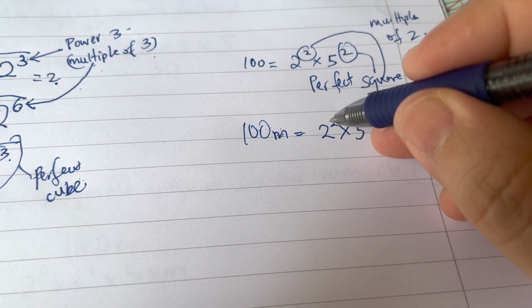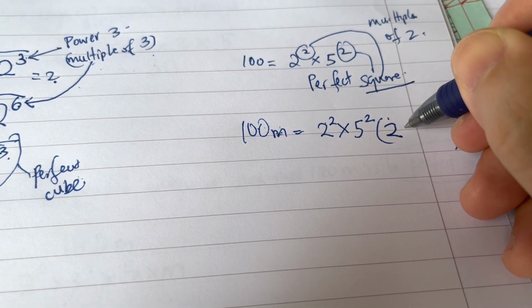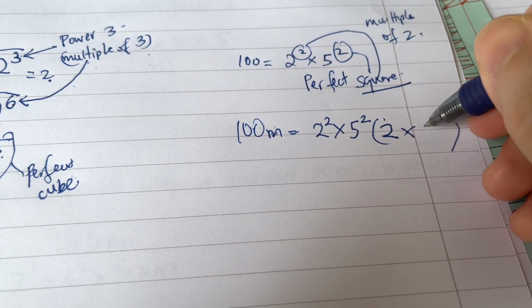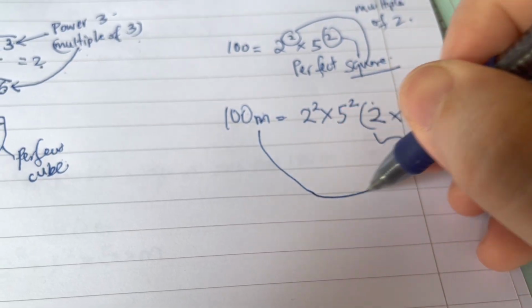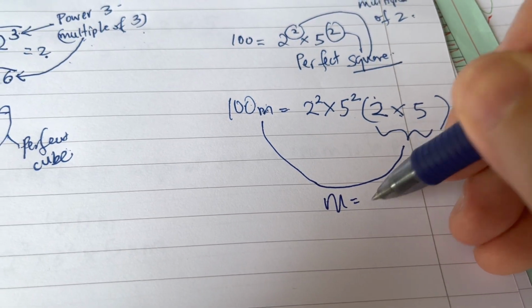Don't you agree that this power overall must be 3? So I times 2. And then this power must be 3 also, so I times 5. So my answer for m should be equal to 2 times 5, which is 10.